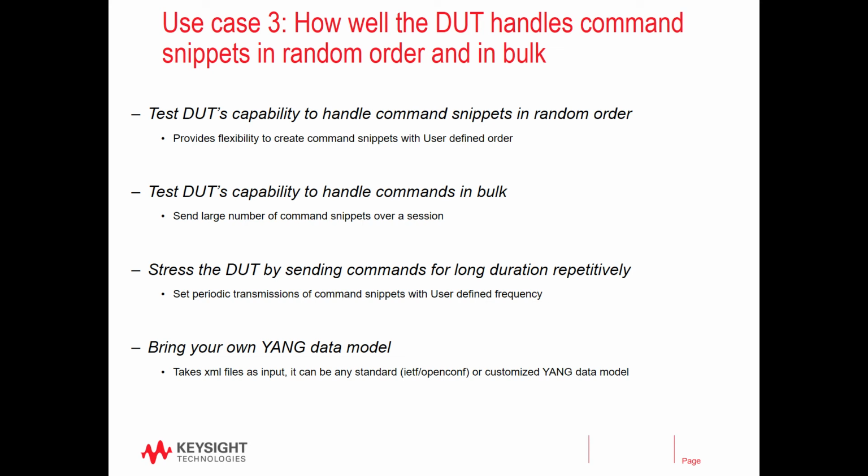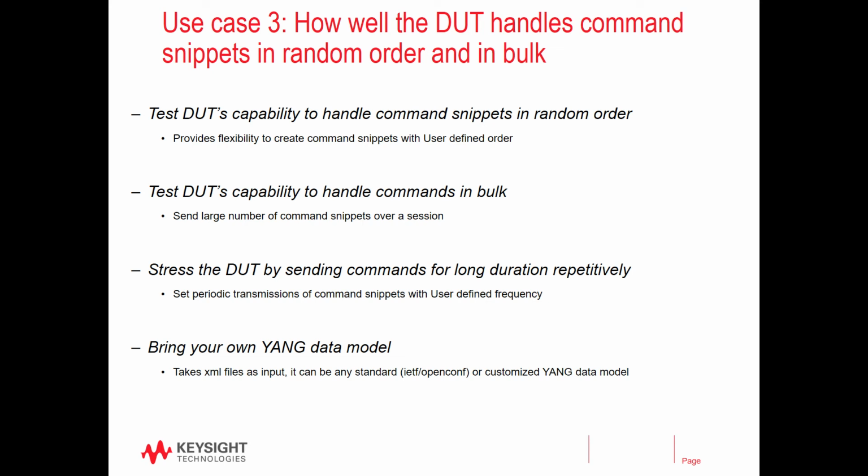So you can test whether a DUT, that is a NetConf server, can take a transaction which consists of commands organized in random order, and its capability to handle commands in bulk. You can send multiple thousands of commands from the client in the form of XML request messages and see how the DUT is responding to that.